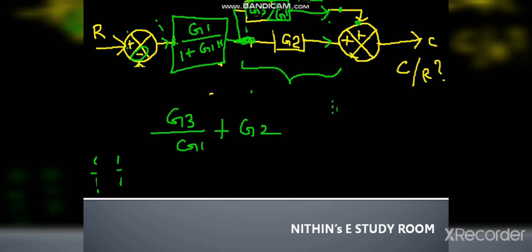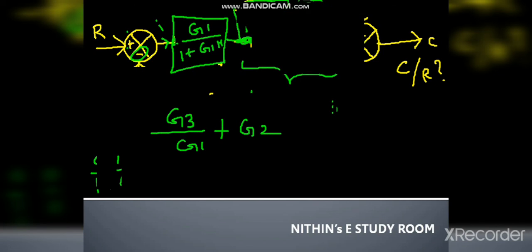So what will be the thing after reduction? You will get a new block. Also you can eliminate the summer block. So you are going to eliminate this block, this block and this summer block.